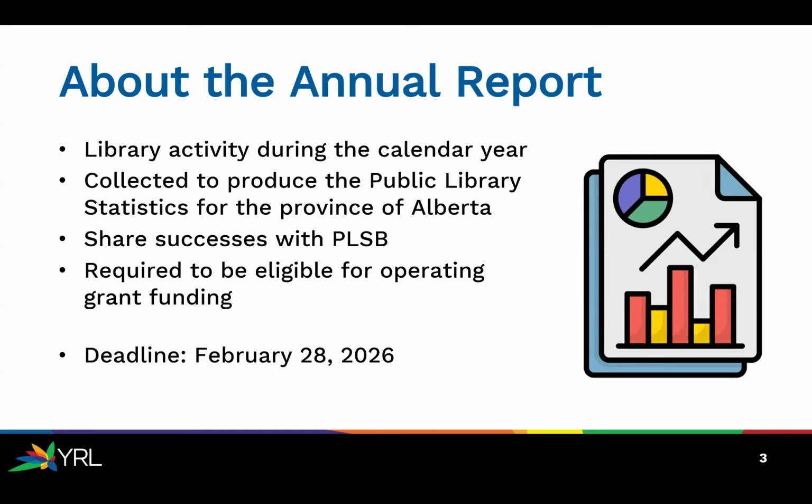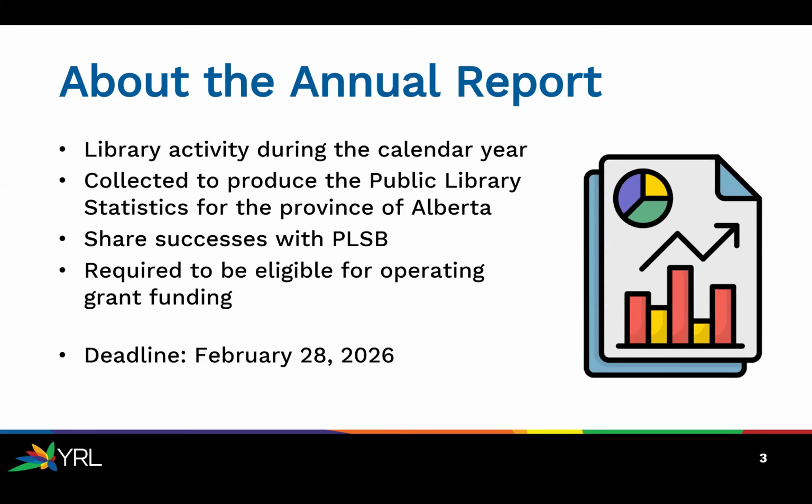The reason that even the correct data in those reports might look different from something like the statistical summary or Simply reports is because those reports are asking different questions. The annual report that you would run from Polaris or LEAP is built specifically to the criteria of the PLSB survey. A really clear example of this is your circulation numbers.